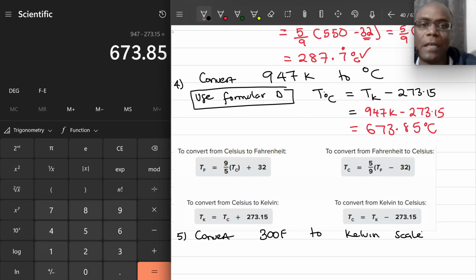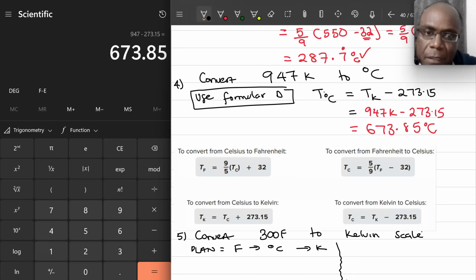Now you'll have to use a combination of the formulas. The plan here is we take Fahrenheit to degrees Celsius and then take it to Kelvin. I'm going to divide the page in two so that it's easier for me. To convert Fahrenheit to degrees Celsius, I'm going to use formula B. So my degrees Celsius will be 5/9 of 300, that's the TF, minus 32.